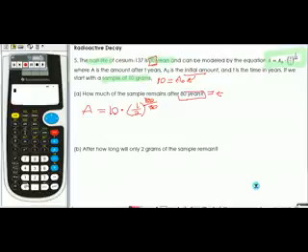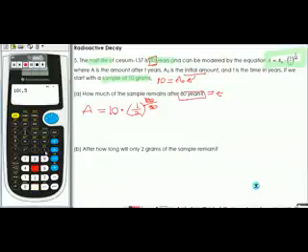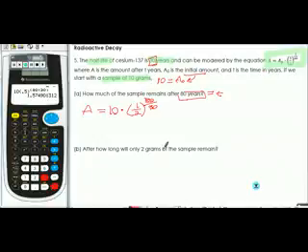So here we go. 10 times 1/2, or again 0.5, raised to the power of 80 divided by 30. And enter. 1.57. So 1.57 grams.